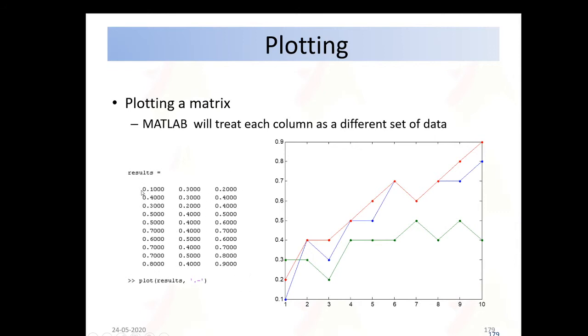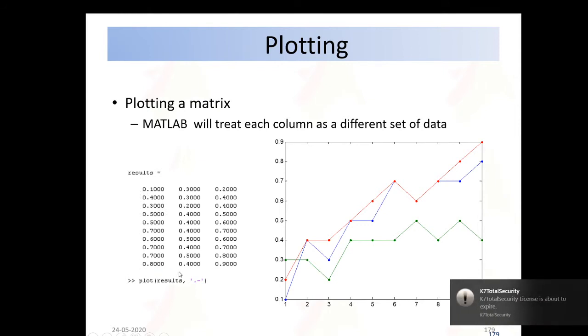You can see for x-axis 1, it is 0.1. For x-axis 2, it is 0.4. For 3, it is 0.3, like this. So 1, 2, 3, 4, 5, 6. The final values are 0.9, 0.8 and 0.4.